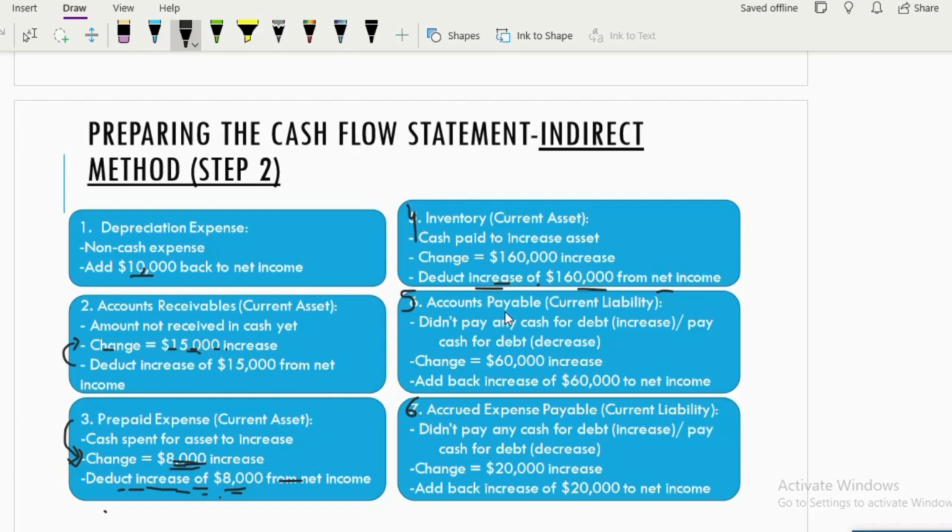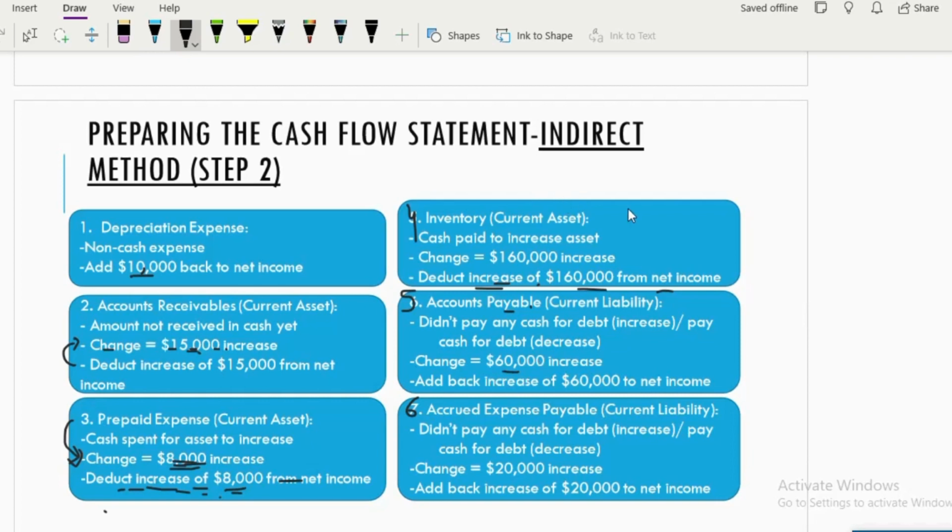Moving on towards accounts payable, we already classified it as a current liability. Accounts payable includes some inventory items which you purchased but did not pay the cash for. So how much increase is there in accounts payable? That's 60,000.